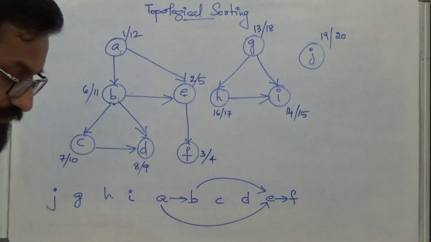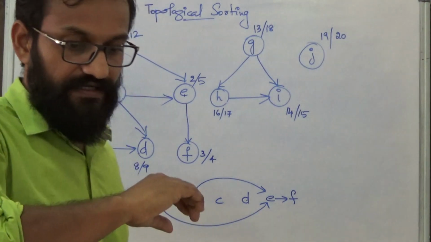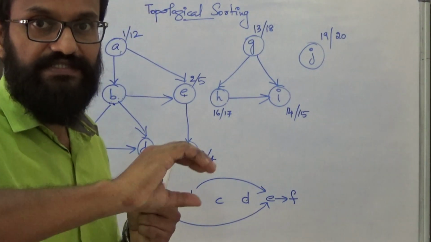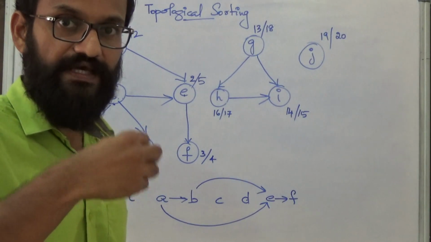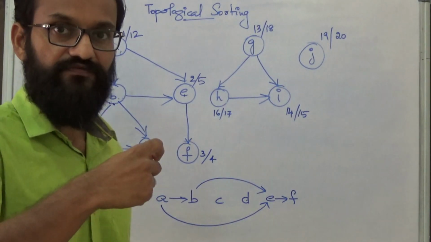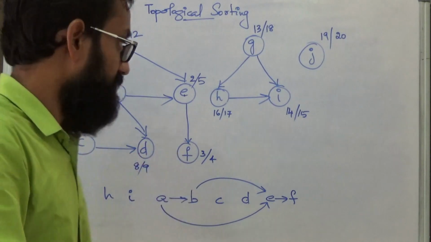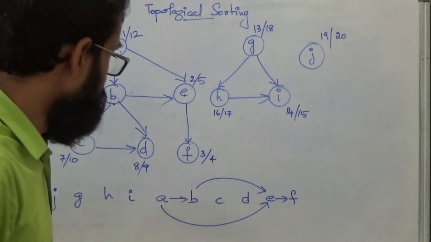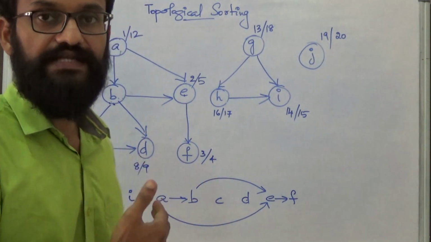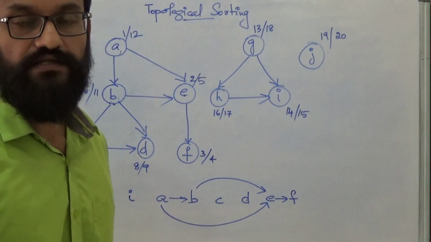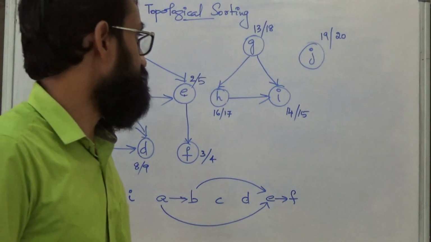So after ordering these vertices in a linear fashion, if we try to place edges of the graph in this particular line, edges will always be from left to right if that sequence is a valid topological sorted sequence.